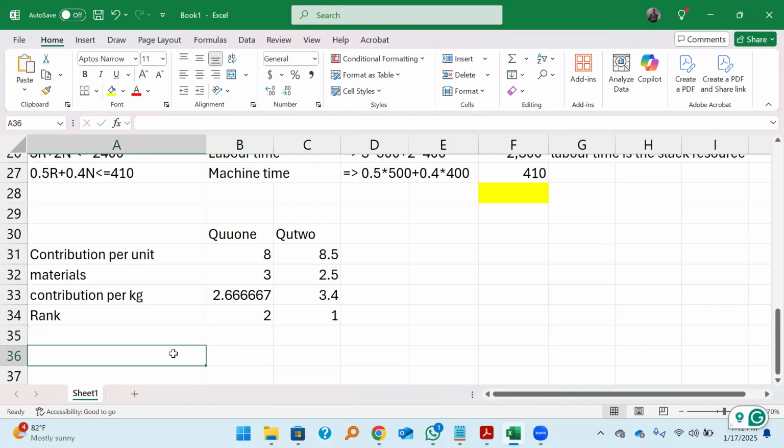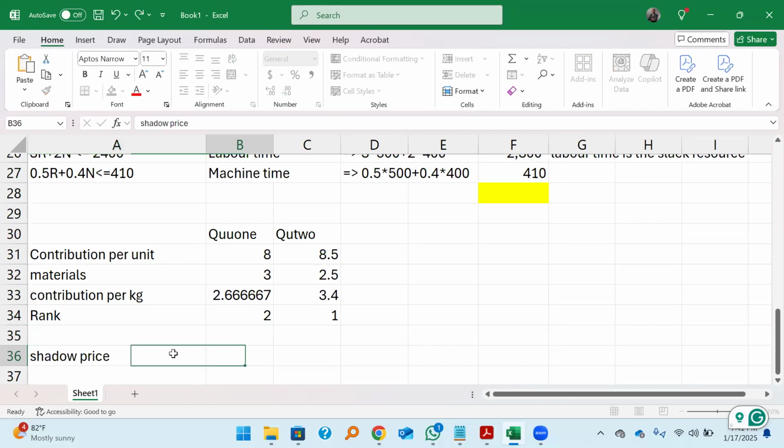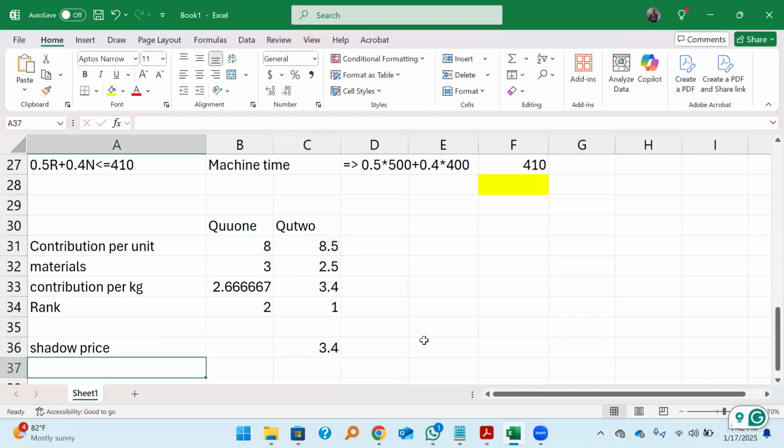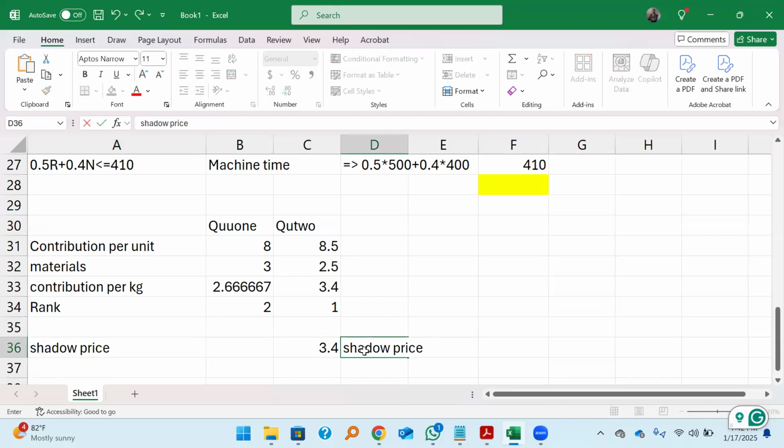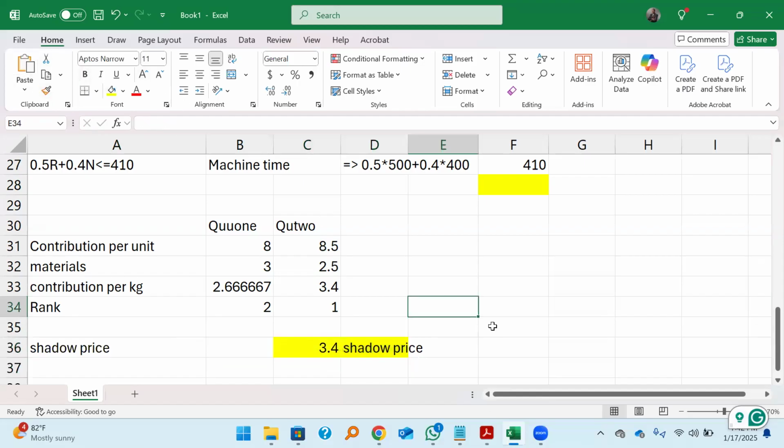So the shadow price should be the contribution per unit divided by the 2.5, which gives us $3.4. This is the shadow price. This is the price that you are willing to pay if it can get you an extra kilogram of material to use on Q2, which gives us more contribution per kilogram.